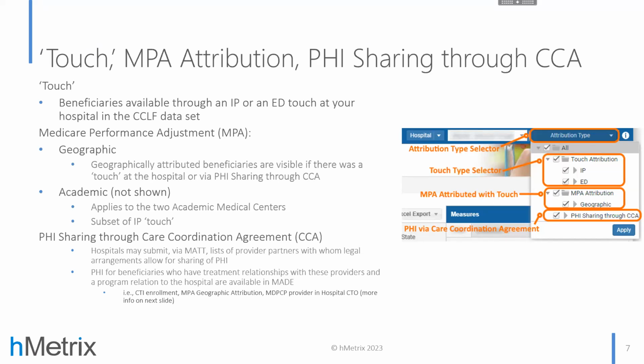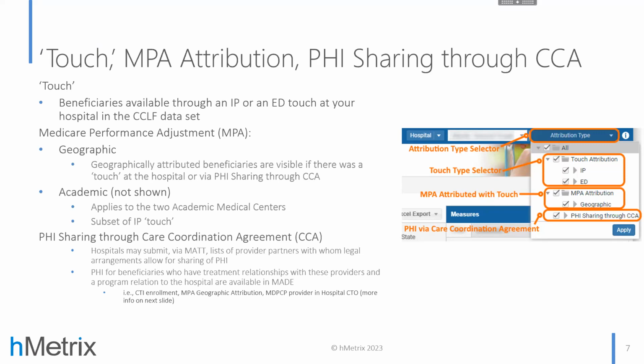On top of that, we have the MPA, or the Medicare Performance Adjustment, attribution as well. There we're able to flag any beneficiaries who are MPA attributed to you, to whom you have PHI access. For the 2 academic medical centers, they have that additional component in MPA that is a subset of inpatient. The PHI sharing through care coordination agreement is something that's been added to MAID in the last few years to facilitate hospitals' access to beneficiaries who don't have a touch.